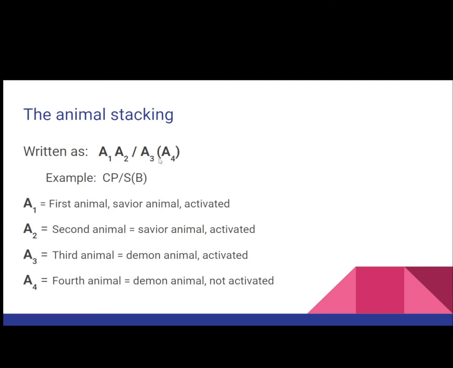The last two animals, A3 and A4, are written to the right side of the slash. The third and the fourth animals are what we call demon animals. You'll notice here that the fourth animal is shown in parentheses, and this is because we consider this to be not activated.